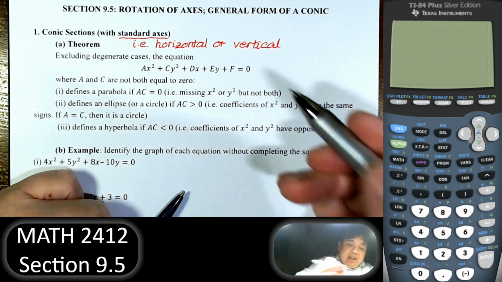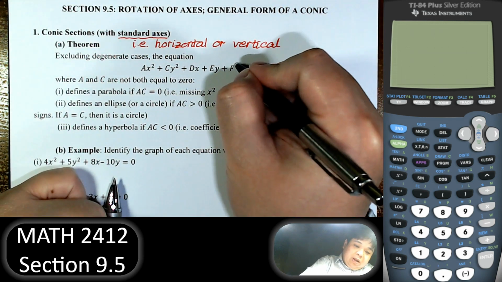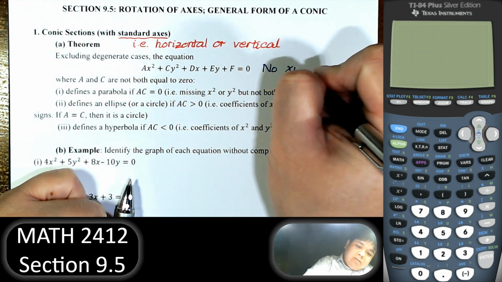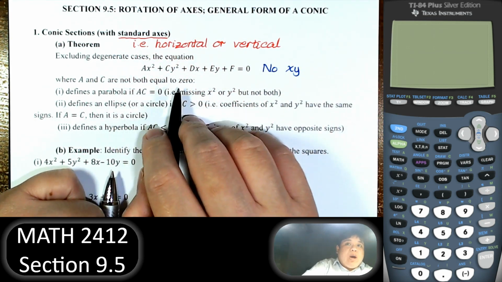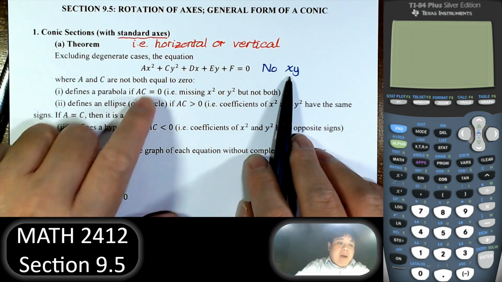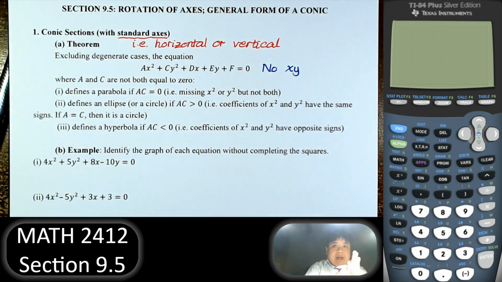Actually, what we don't have there is more important: we have no xy term. We have x squared, we have y squared, but we do not have xy. And that makes it the standard axis. When we have the xy term, there may be a rotation of the axis.